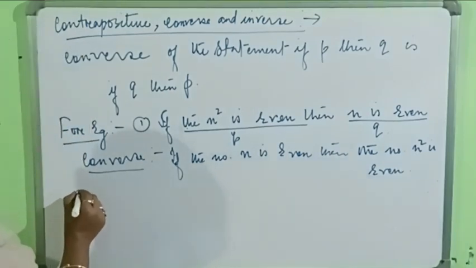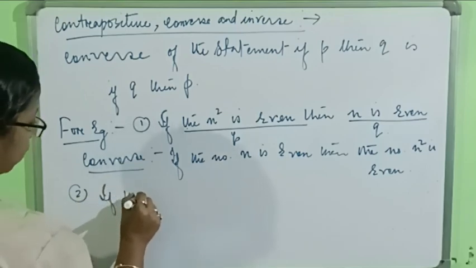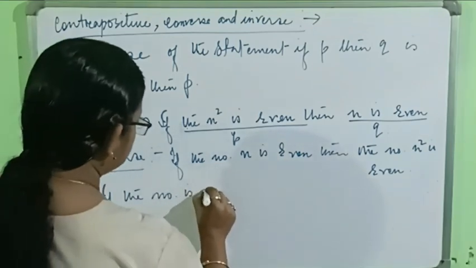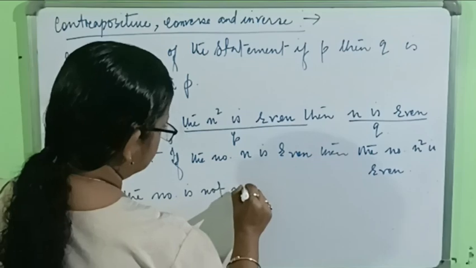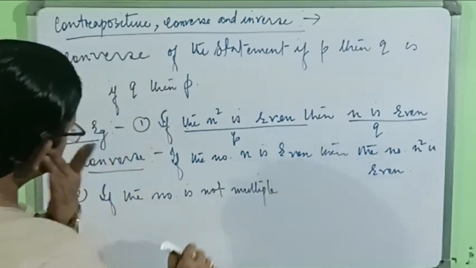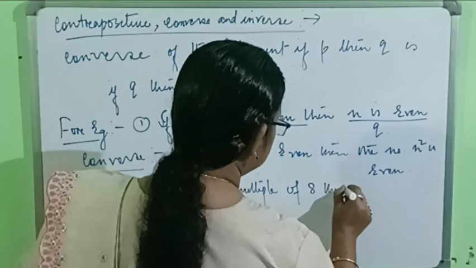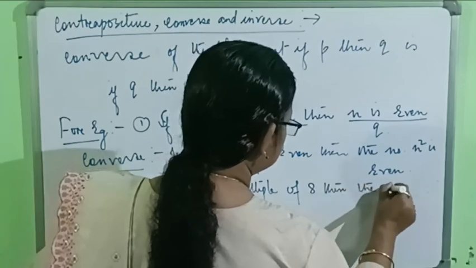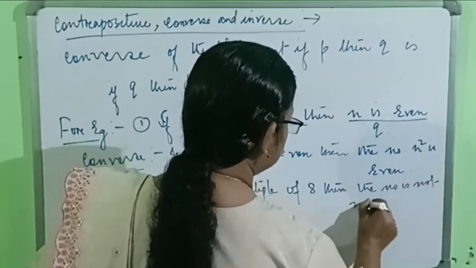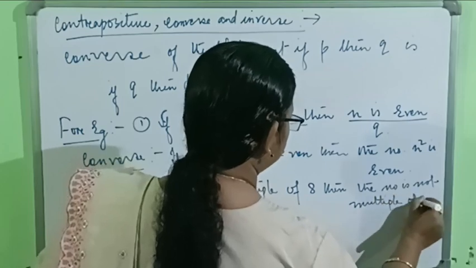Number 2: if the number is not a multiple of 8, then the number is not a multiple of 4.